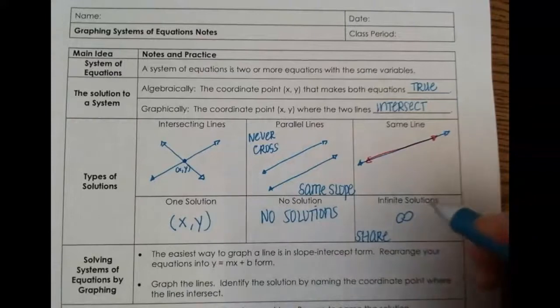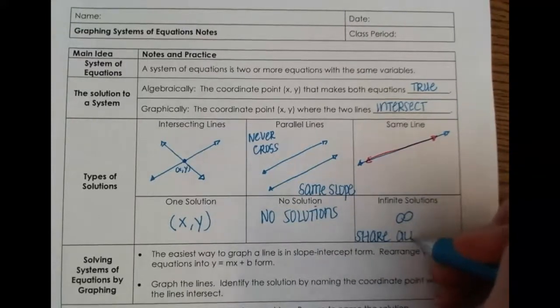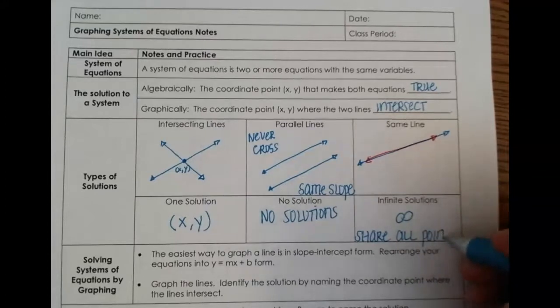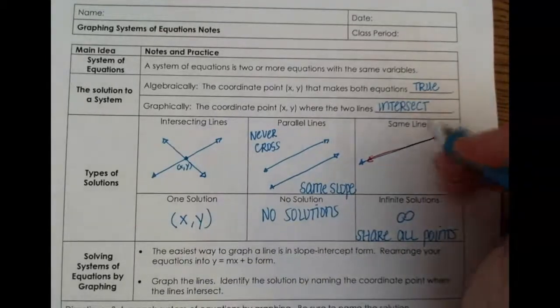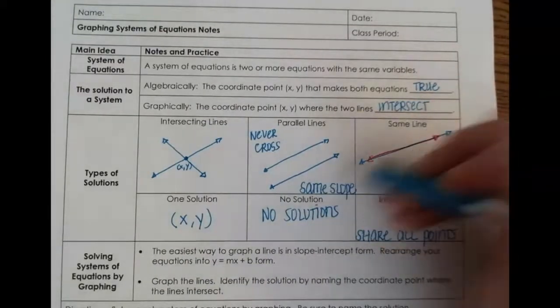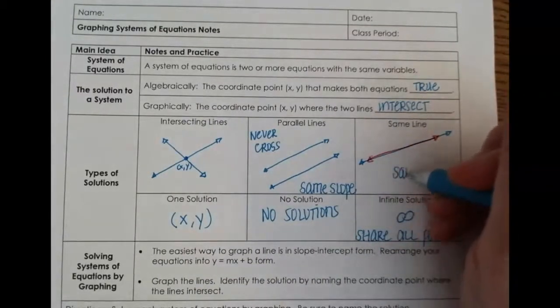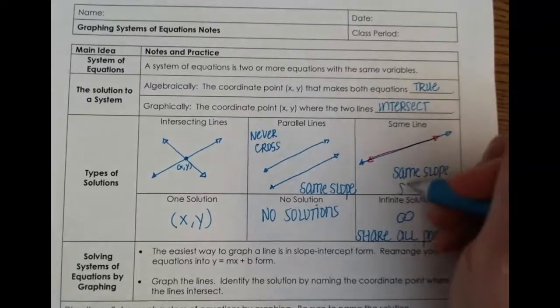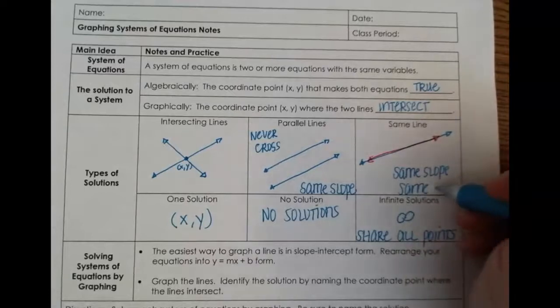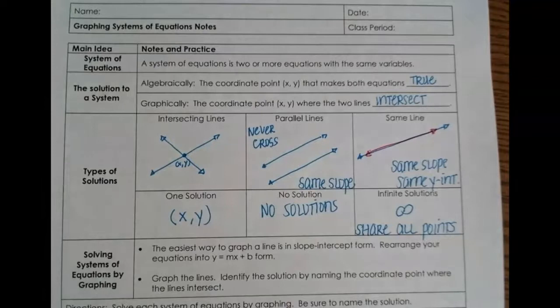Every point will make both equations true because they're the same equation. All right. An important thing to note is they're going to have the same slope, but they're also going to have the same y-intercept because they're the same line. Okay, those are just some things that you might notice along the way.